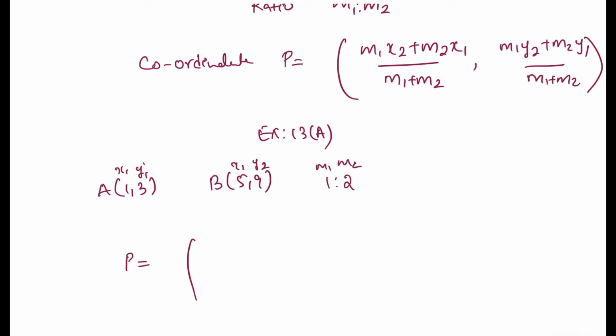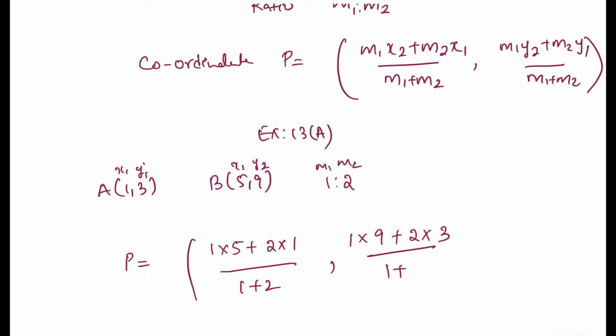Let us substitute now. m1 is 1 into x2 is 5, plus m2 is 2 into x1 is 1, by 1 plus 2. Similarly, m1 is 1 into y2 is 9, plus m2 is 2 into y1 is 3, by 1 plus 2.